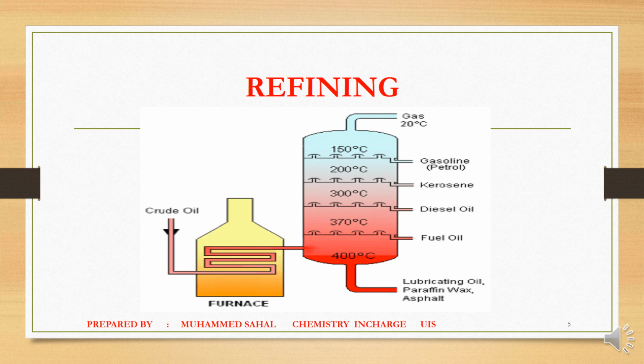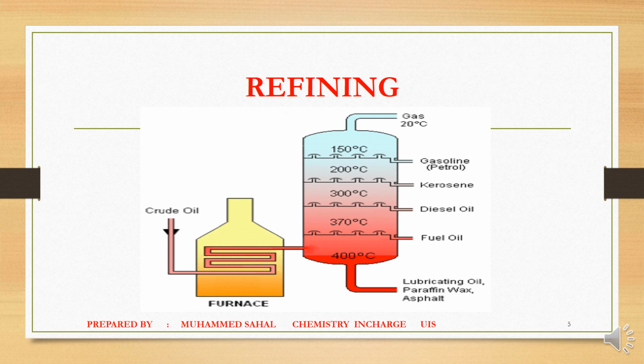Fractional distillation is used to separate crude oil into different fractions based on their difference in boiling points. Normally, the crude oil is heated to about 400 degrees Celsius to vaporize all the different parts of the mixture.